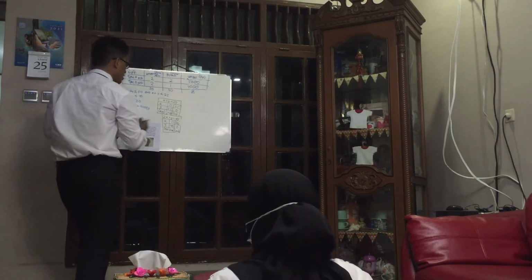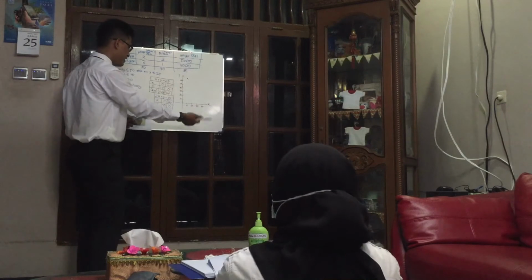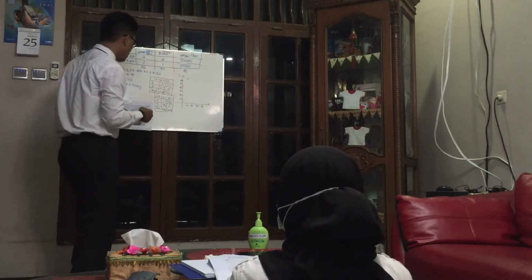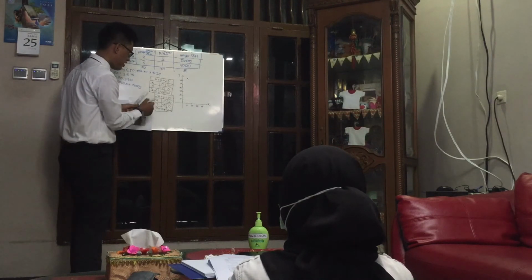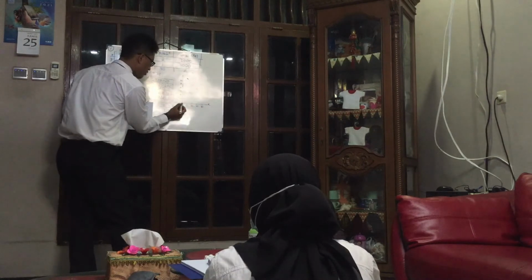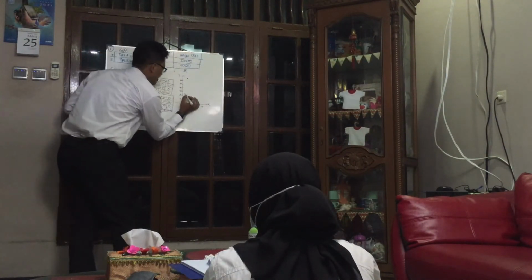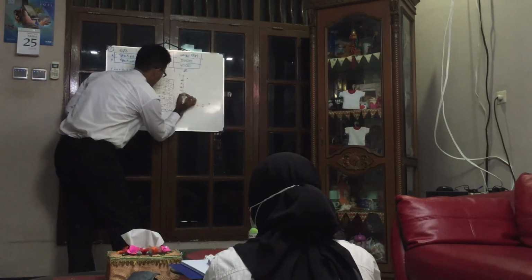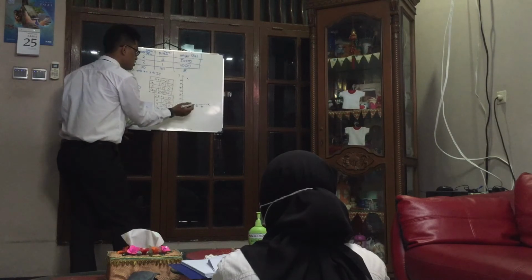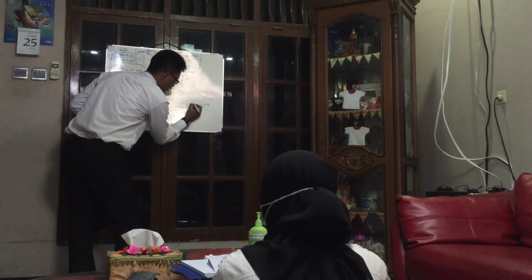The next is we must make the graph. So we can put all the points here. First we have 0, 25, which is in the middle of 20 and 30, and 25, 0 here.